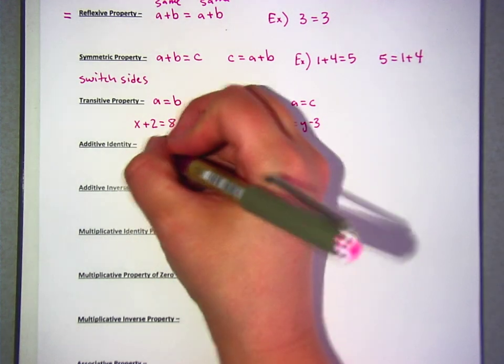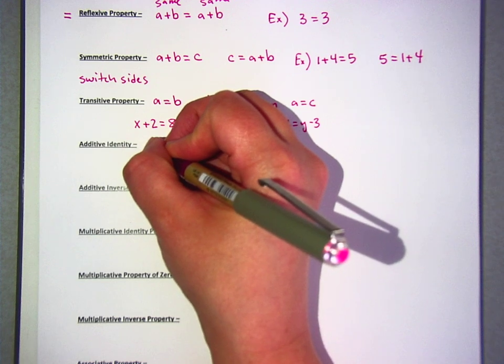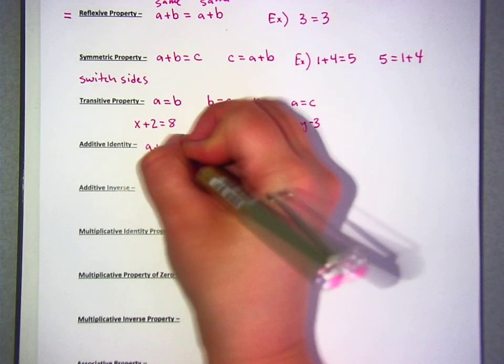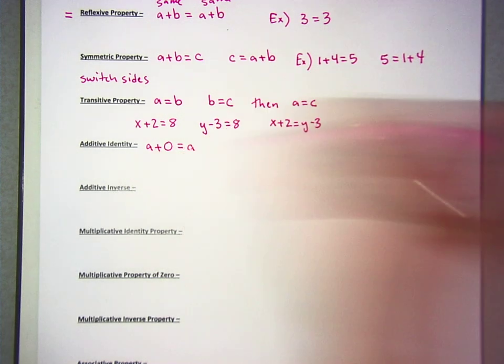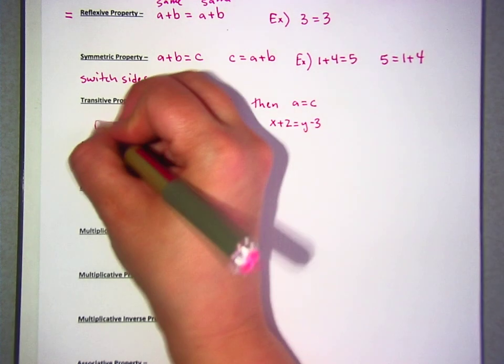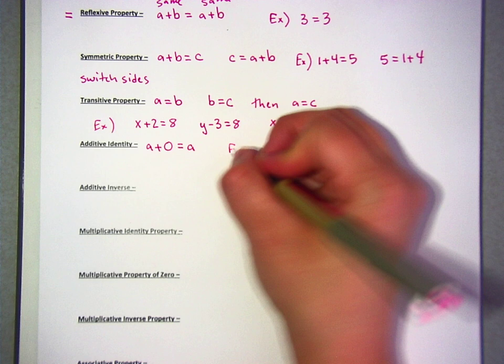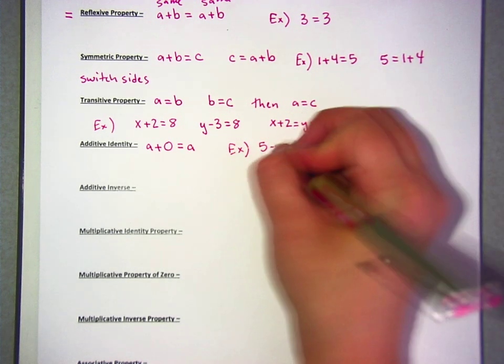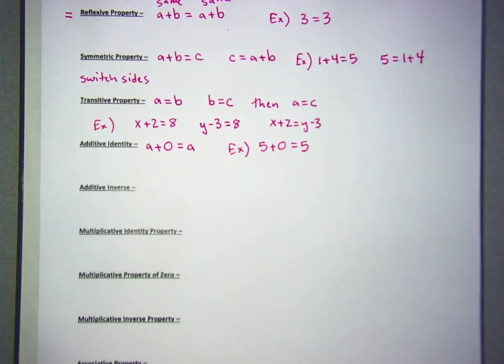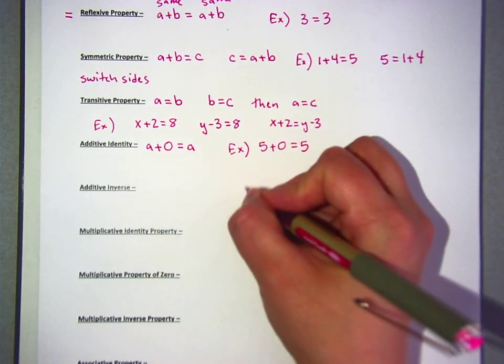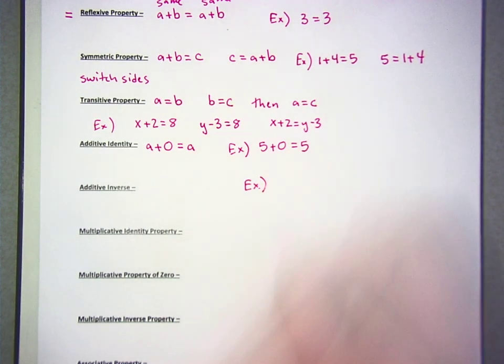So the additive identity says that A plus 0 equals A. For example, five plus 0 equals 5. Can anybody think, for a prize, for the additive inverse on this one, what do you think the word inverse means?